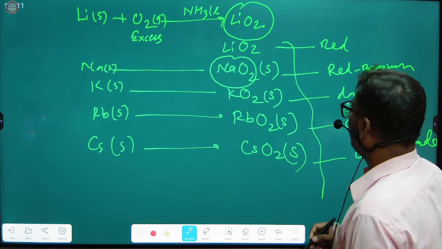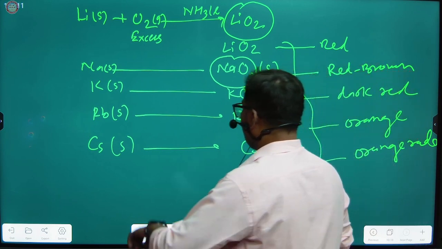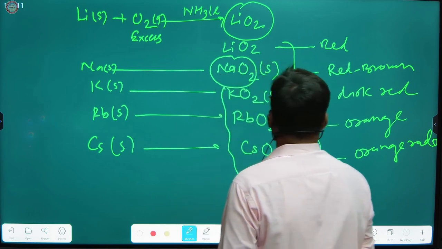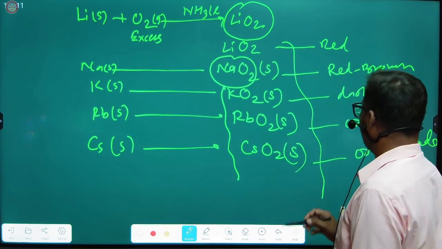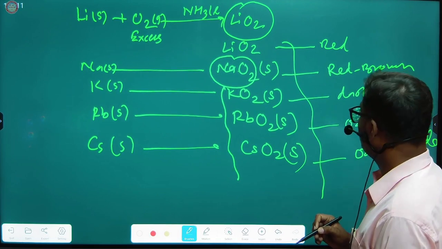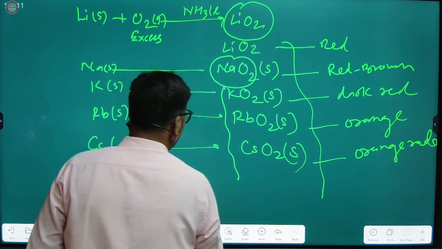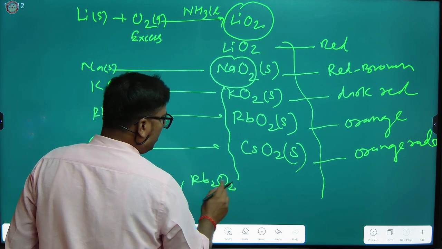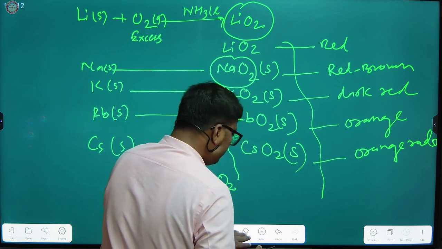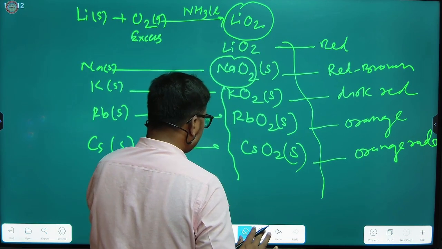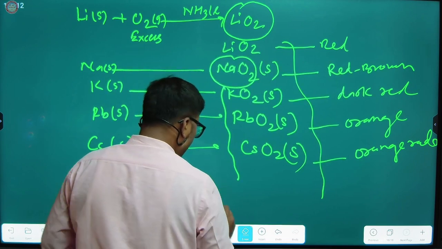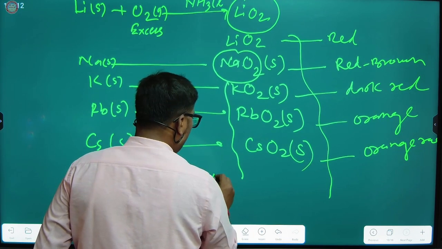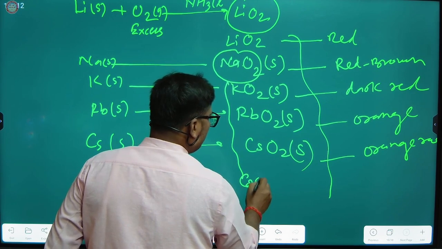But from sodium onwards, like potassium, rubidium, and cesium, the potassium superoxides, rubidium superoxides, and cesium superoxides are the most stable superoxides, right? Like KO2, RbO2, and then CsO2.